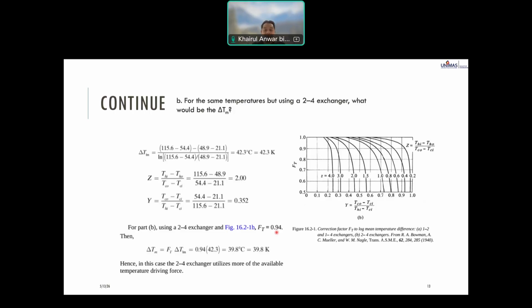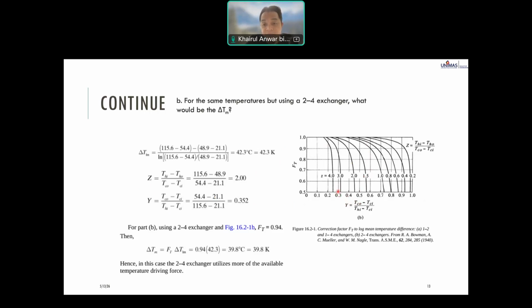So for the same temperatures but using a 2-4 exchanger, you need to use figure 16.2-1B. This is 1B. So delta TLM is the same, and Z and Y are the same as well, of course. We just set these values; sorry, the graph is different.